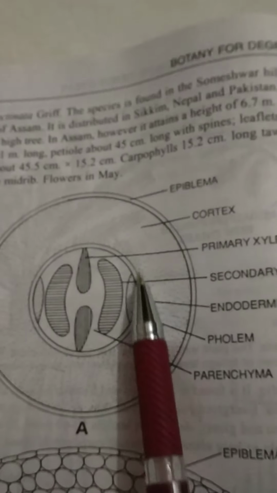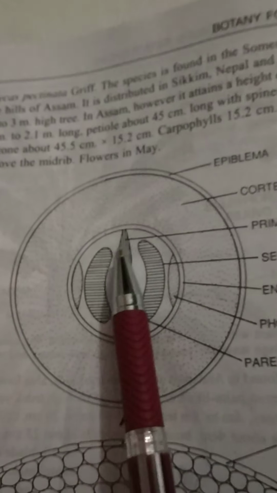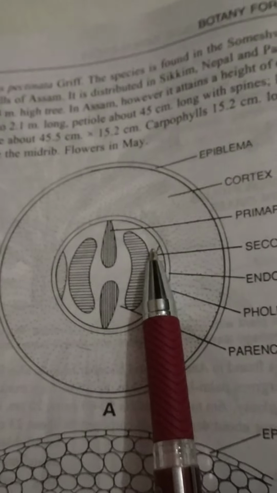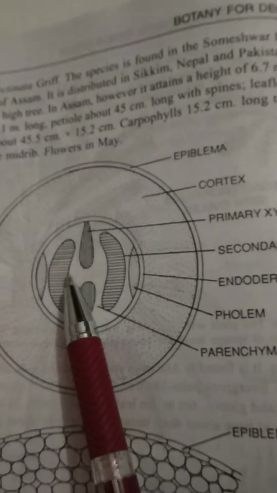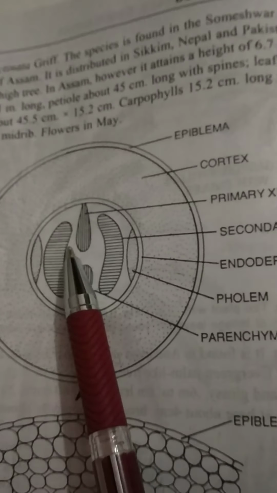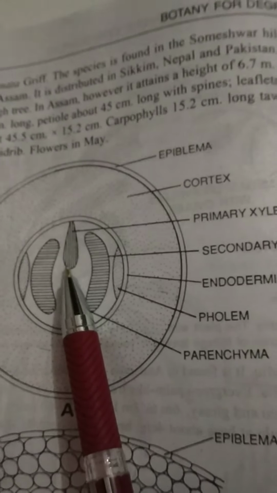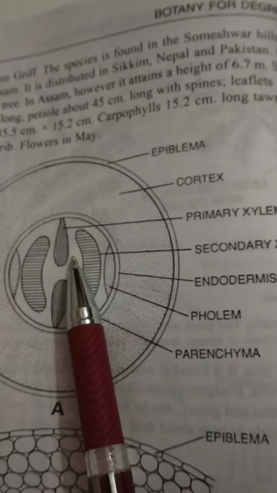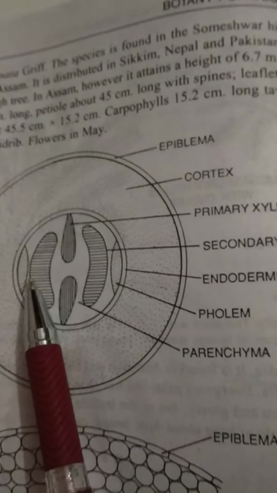You do not see any particular layer as such as a pericycle, and you will be seeing only the endodermis. Next to this you have the vascular tissues, that is the primary xylem and secondary xylem, and next you have the phloem, which has been marked here.